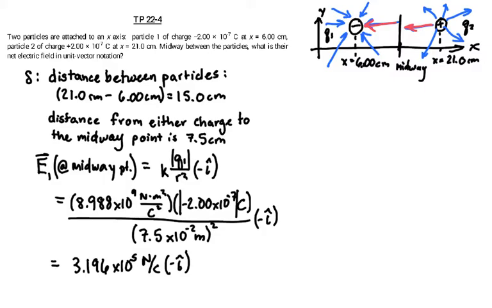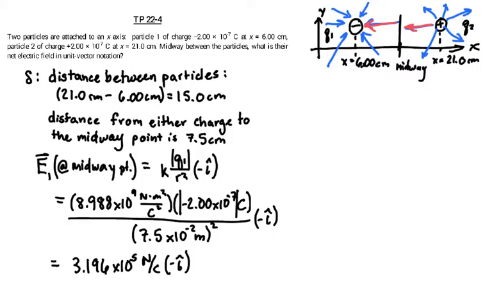Now, we don't have the sign of the charge here, only the absolute value. We want the sign of our electric field, which gives us our direction in each component, to be based off of the particle and its position and not the charge on the particle itself. If we were instead asking for the electric field due to Q1, which is a negative charge, right here to the left of the particle, then the electric field would be pointing in the positive I hat direction.